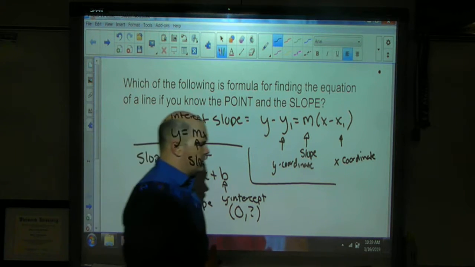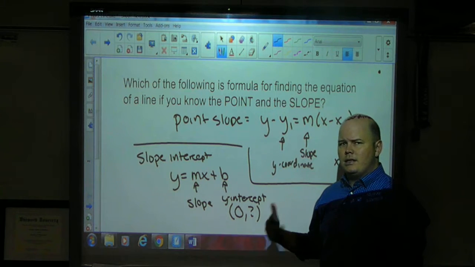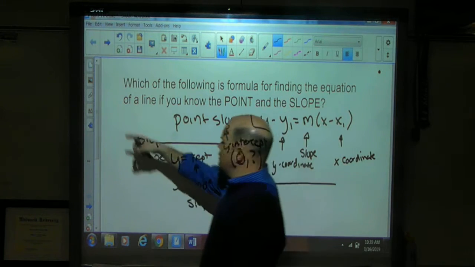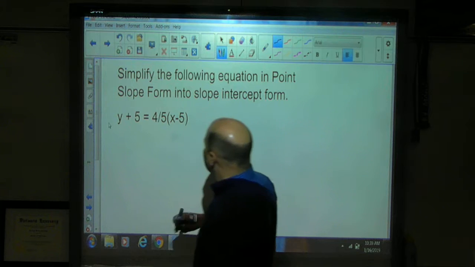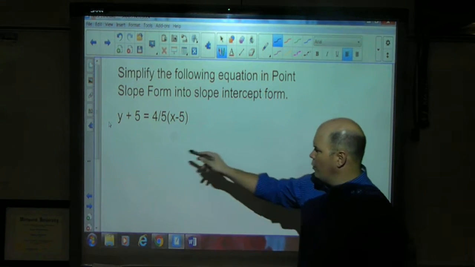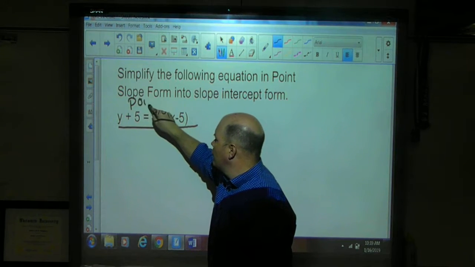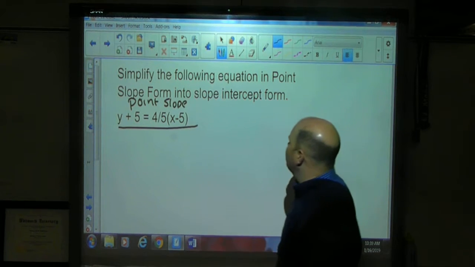So that was the first question on the test, just showing me that you had the two main equations that we worked on extensively throughout the unit. Okay? The next part of the test we looked at was simplifying using point slope. So you get an equation written in point slope form. This is in point slope form.